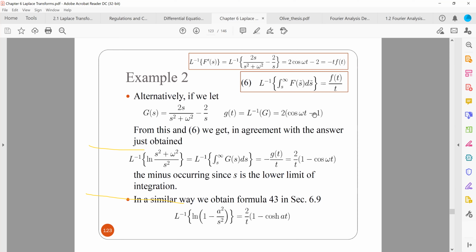Then you remove the negative t from the left side and put it to the right-hand side, below. Then you factorize out the 2 from the right-hand side and put it outside. So your final expression will be in terms of t: f of t equals negative 2 over t times hyperbolic cosine of at minus 1.